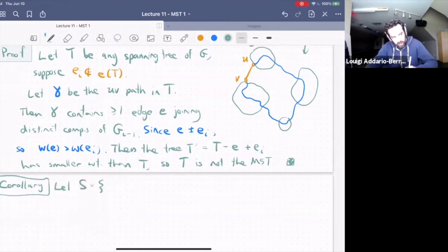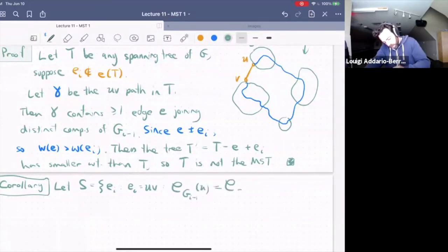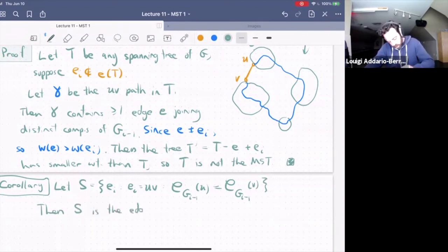If I write S for this set of edges where the endpoints are in distinct connected components, so that's saying that the component of U in GI minus 1 is different from the component of V in GI minus 1, then S must be the edge set of the minimum spanning tree of G.